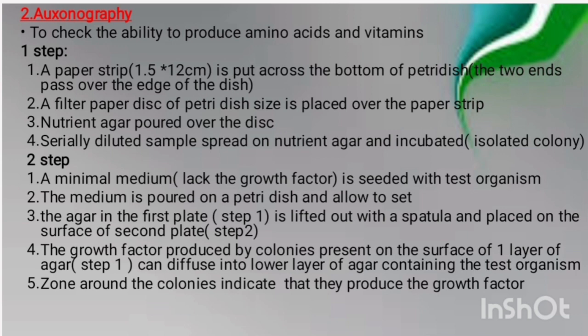Above that a filter paper disc of petri dish size is placed over the paper strip. Then nutrient agar is poured. Then serially diluted sample is spread. Then that plate is incubated and produces isolated colonies. This is the preparation of the first plate.